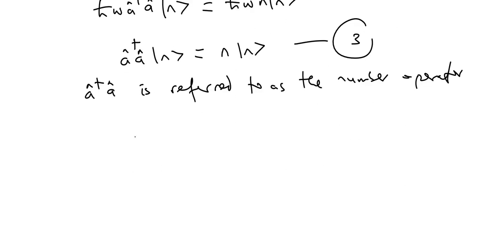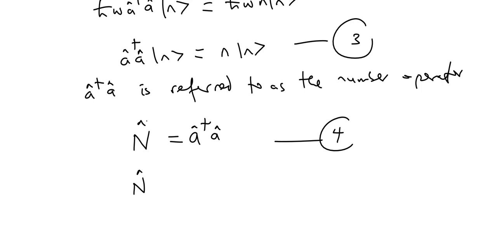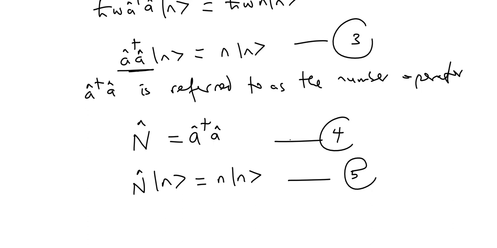So the number operator is N, and it is a†a. Let me call this equation 4. That means we can write equation 3 as the number operator N acting on the eigenstate |n> equals small n acting on the eigenstate |n>. So we can write equation 5 in this form.